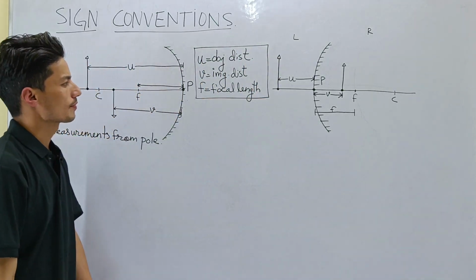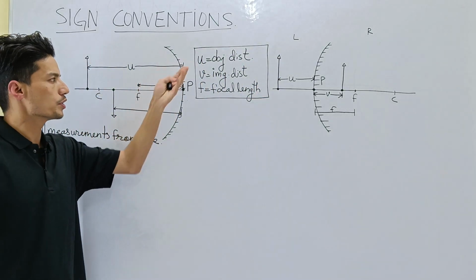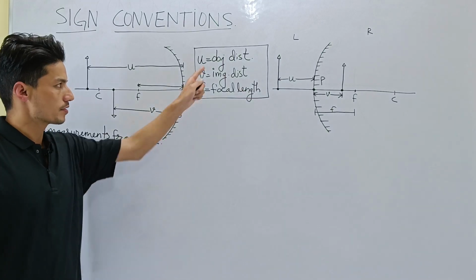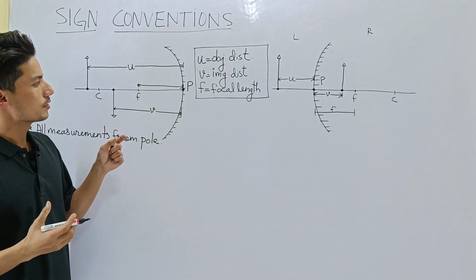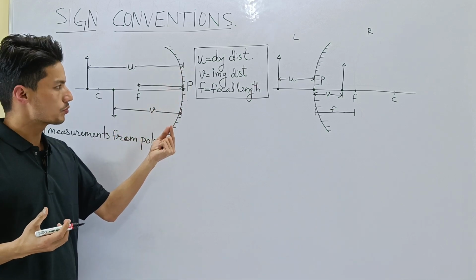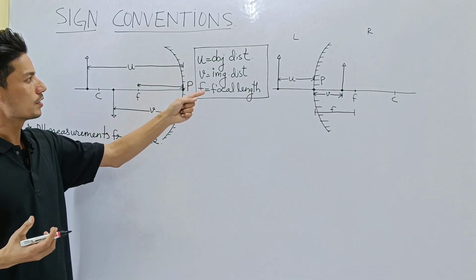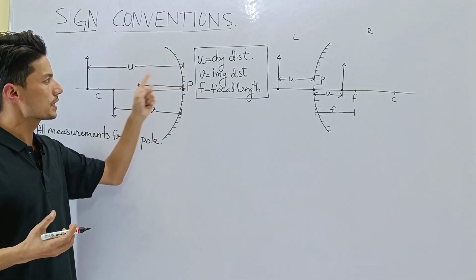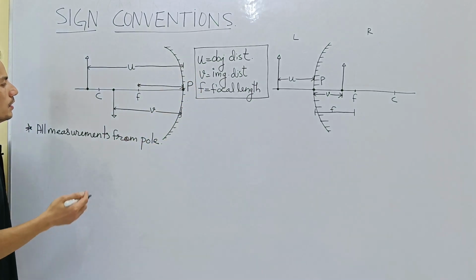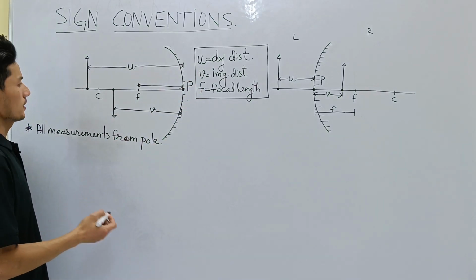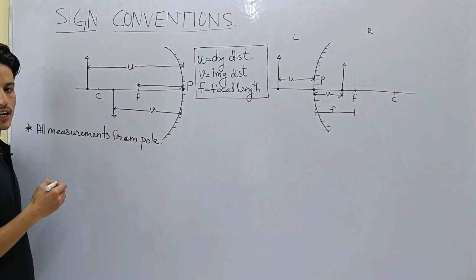Now we are done with U, V, and F. These are very important. Right now we have just discussed the symbols which we will be using to denote object distance, image distance, and focal length. Now, what is next? Yes, now the height of the image and the height of the object.